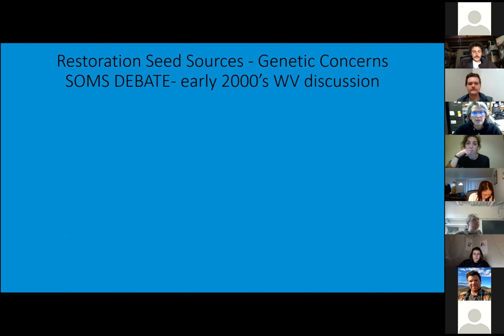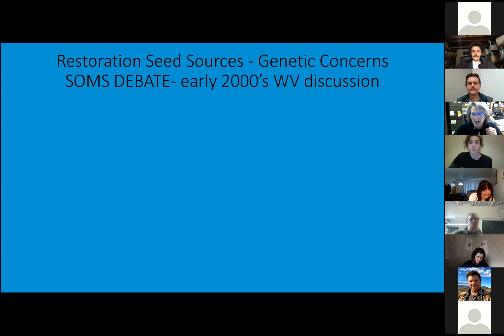So a little bit of background on seed movement, those seed transfer zones that Jessica was talking about. In the early 2000s, we had a very narrow view; most people thought that 20 miles was it, that we should keep things as close to the remnant populations as possible.